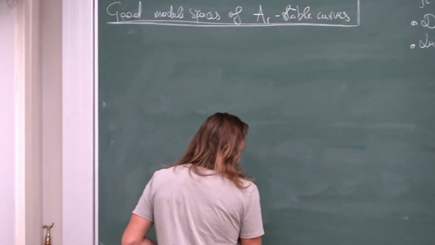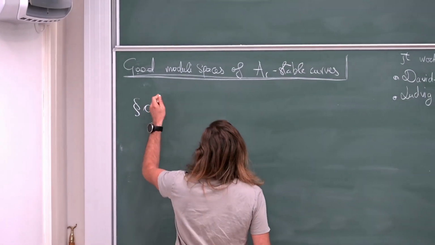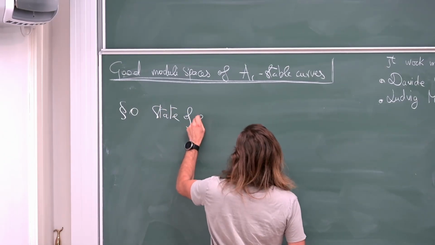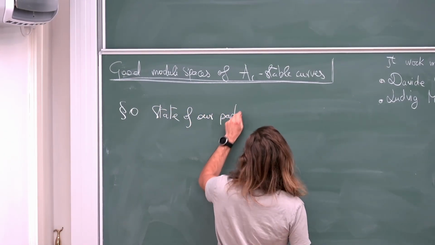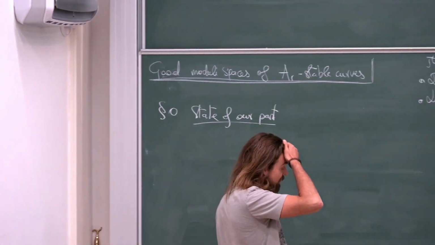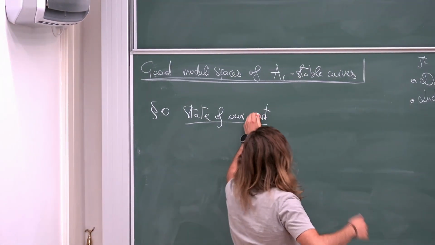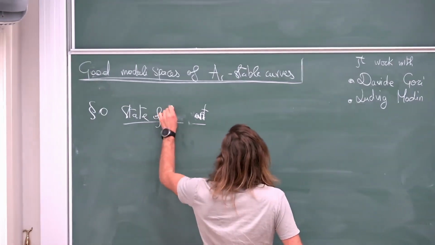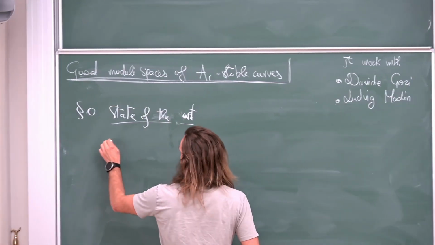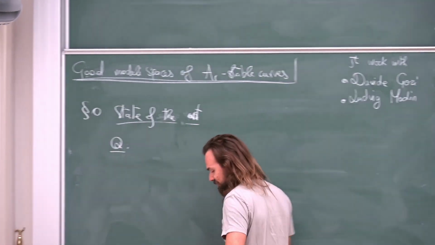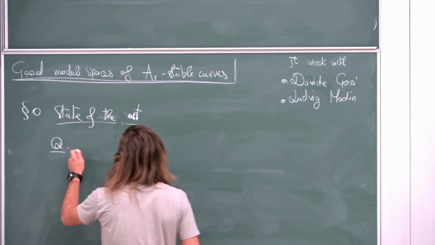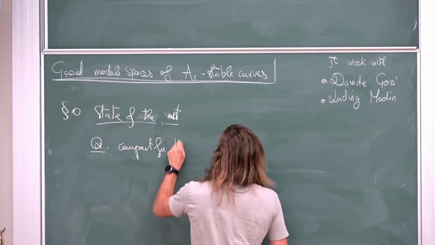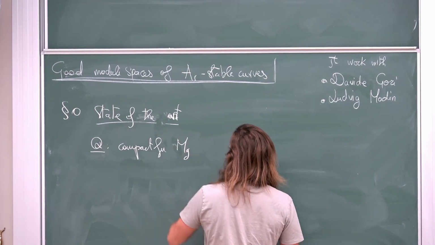I want to first put our project inside the literature, or explain why we started thinking about this state of the art. This is a very old question, and everything started from here: trying to compactify the moduli space of smooth curves.